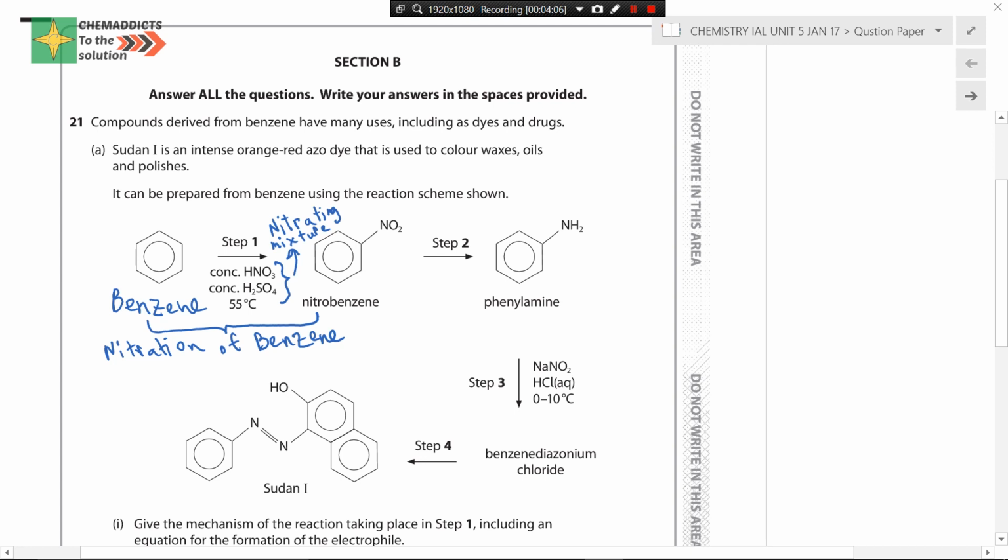Now let us study this nitrobenzene. What type of compound is this? This is also called an aromatic nitro compound.